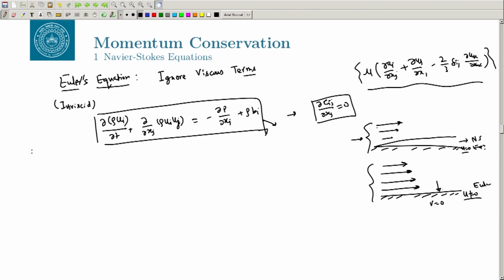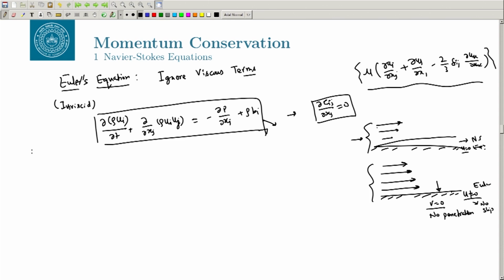So, v is in this direction, the vertical velocity, that means that the no penetration will be ensured, but no slip will not be ensured, okay. So, what we will have is the slip boundary condition in the Euler flow. So, this is one mistake many students make, they solve the Euler's equation, but then they say that they have used the no slip boundary condition, which is not correct, okay. If you are using the Euler's equation, it will be a slip boundary condition, okay.